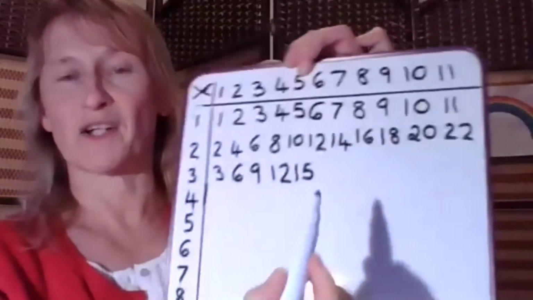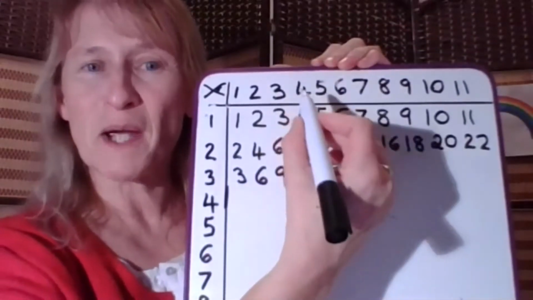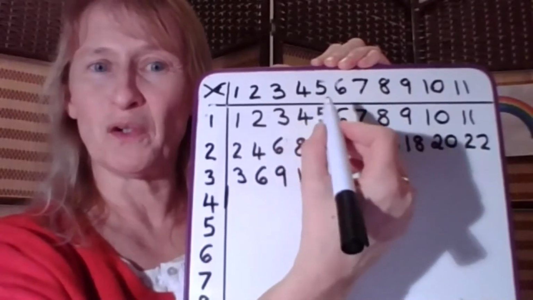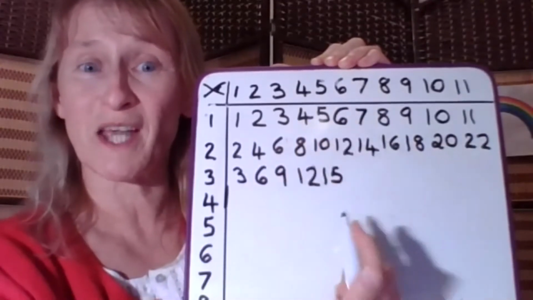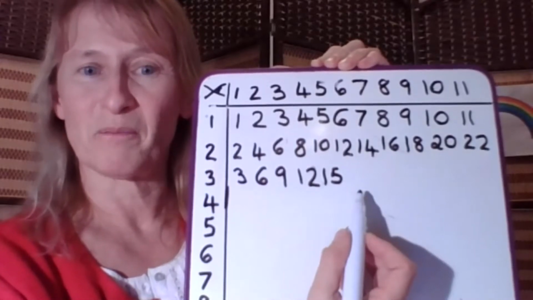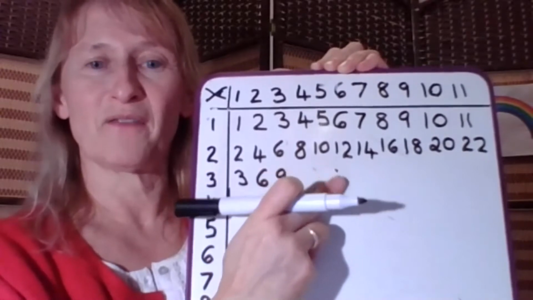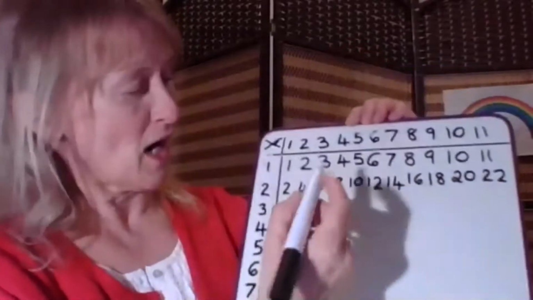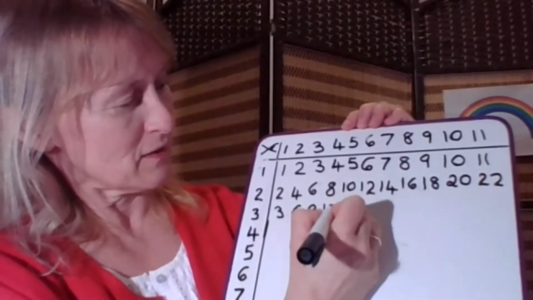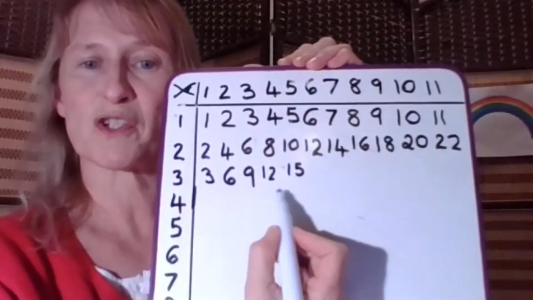Right, here we are. I can show you here. Look what has happened. Because I put my 5 and my 4 and my 6 too close together, look what's happened here. I've made 1, 2, 1, 5. Instead of making 12 and 15, I've shoved them together and they've become squashed together.